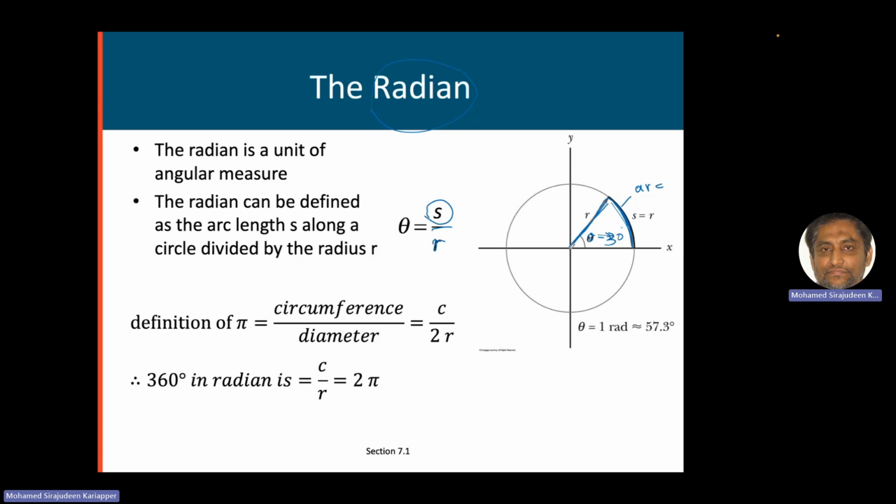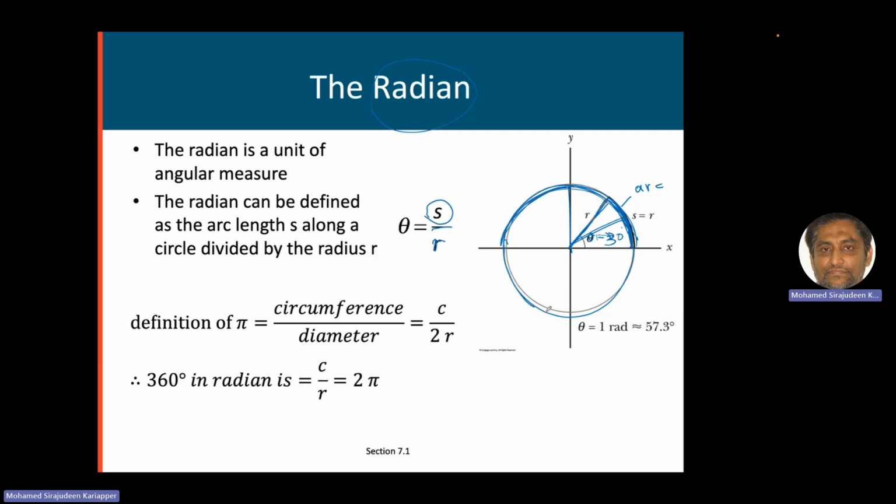We can derive it. How do we get the relationship between degrees and radian? It's quite simple. Let's look at theta of 360. If it is 30, it is something like this much, right? So 90 is this arc. 180 is this whole thing.